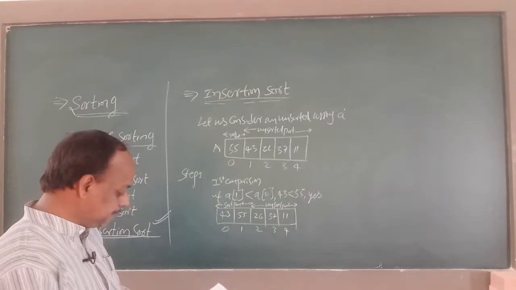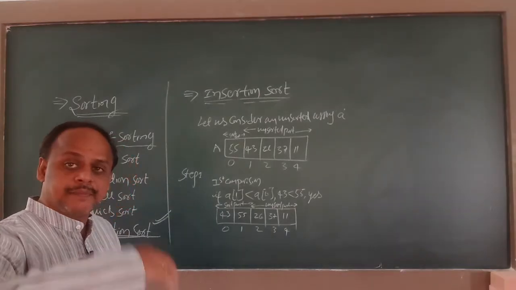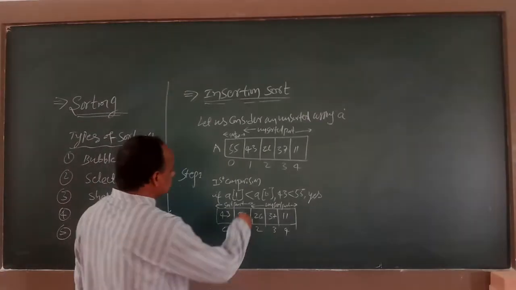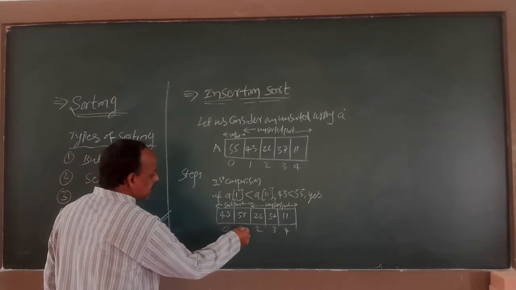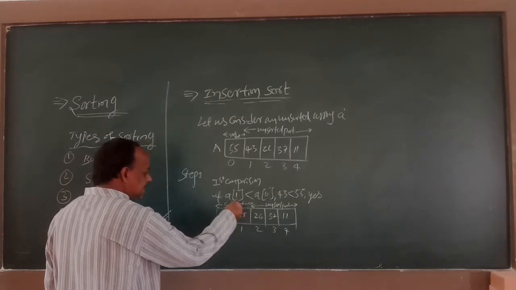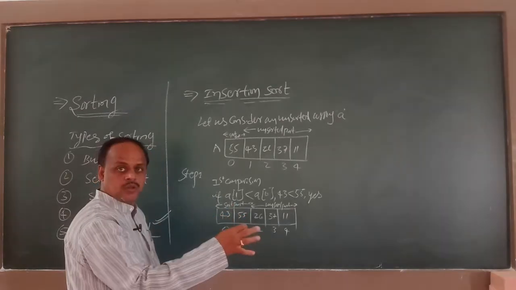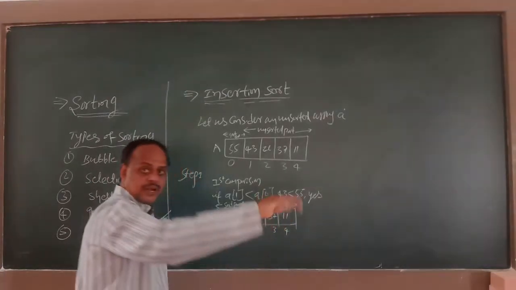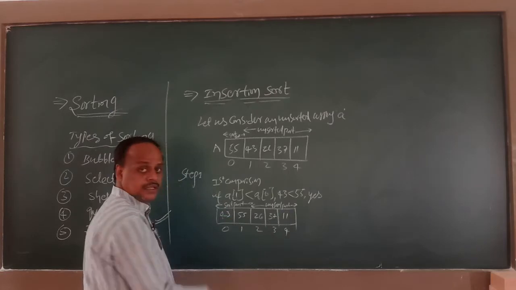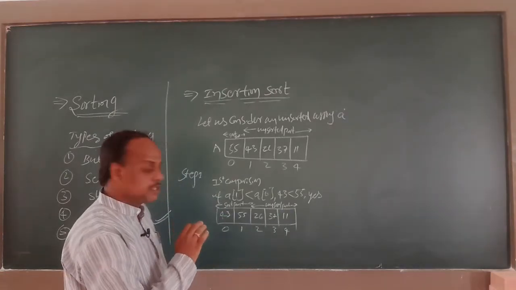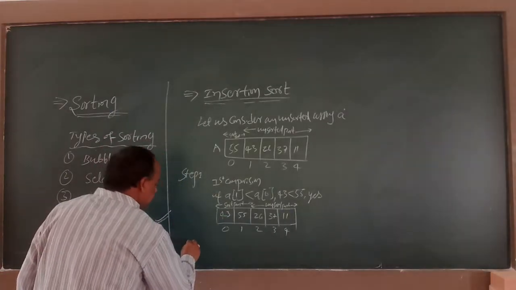Now go for step 2. For example, consider the second element 55. Is 55 less than 43? No. If the condition fails, we go to the next step. If it is true, we have to interchange. Now suppose the condition is false, we go for step 2.